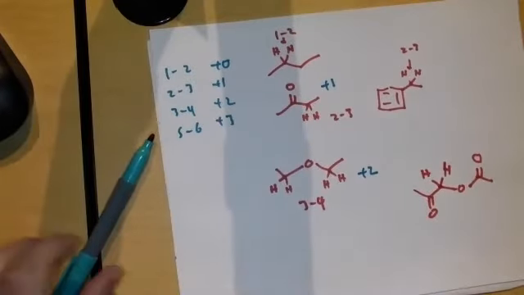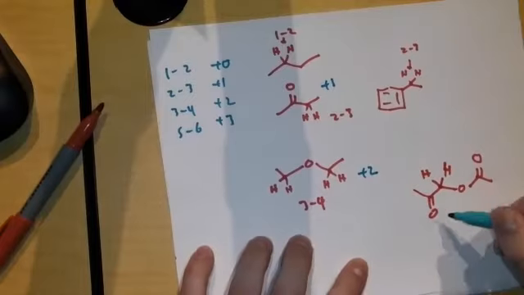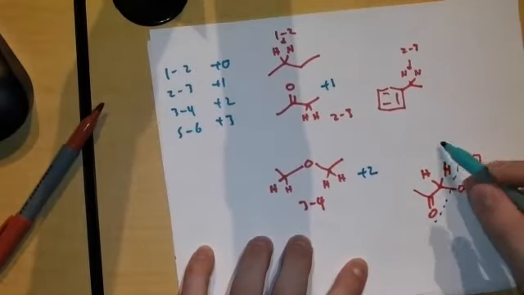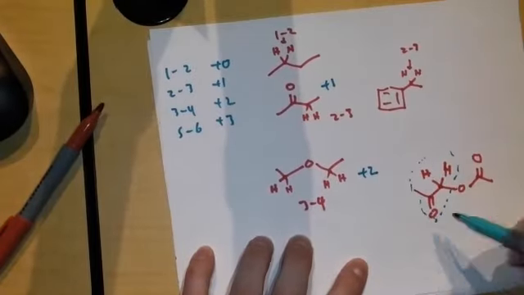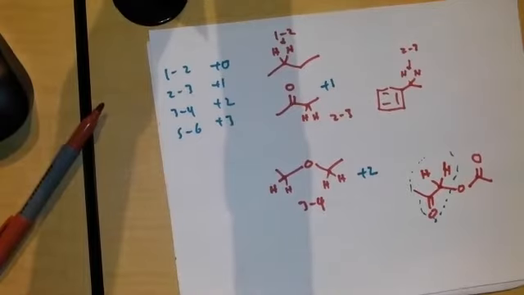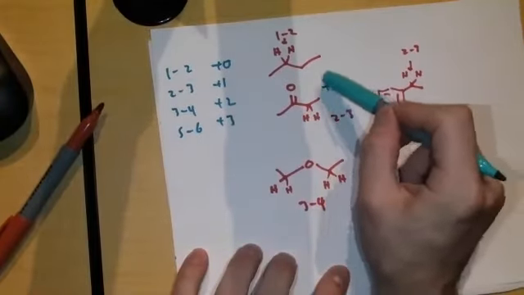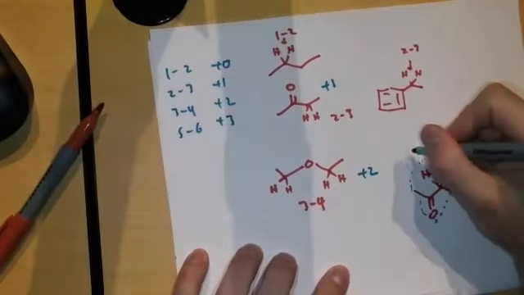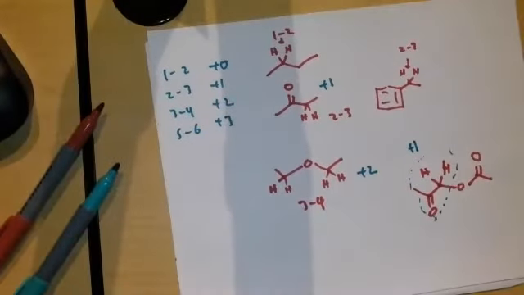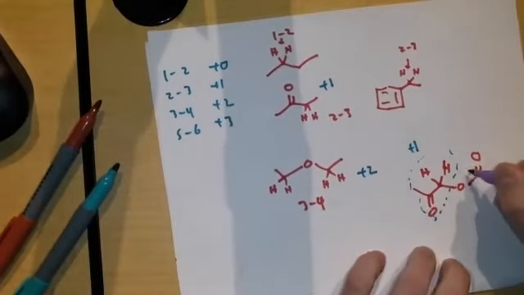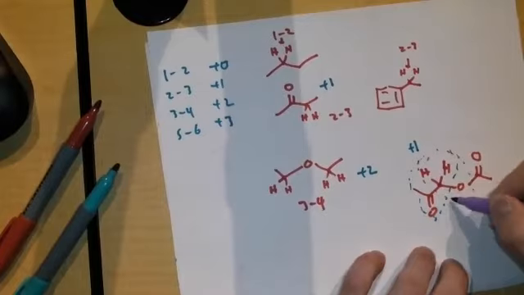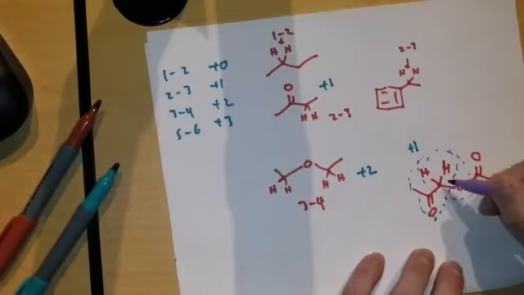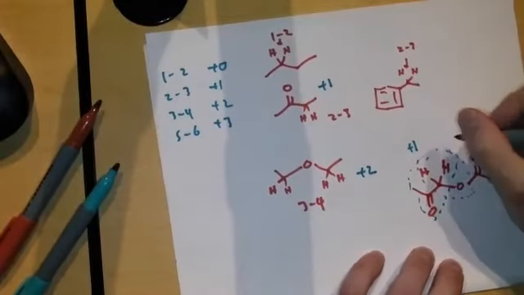So on the left side of it is a carbonyl, which would be this kind of like plus 1 range. So we're calling that. On the right side, I got a better marker. We have attached to an oxygen here. So we would call that a plus 2.